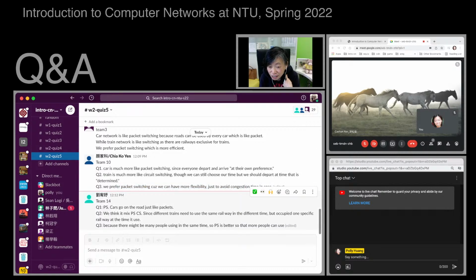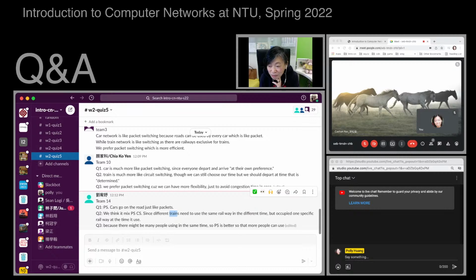And Team 14: cars can go on the roads just like packets. It's a little bit more flexible, more free. Train network is mixed packet switching and circuit switching. Different trains need to use the same railway at different times, but only occupy it one at a time. It is.